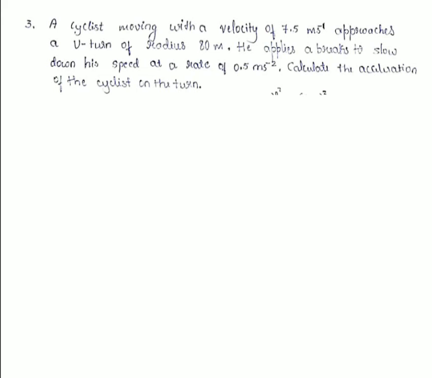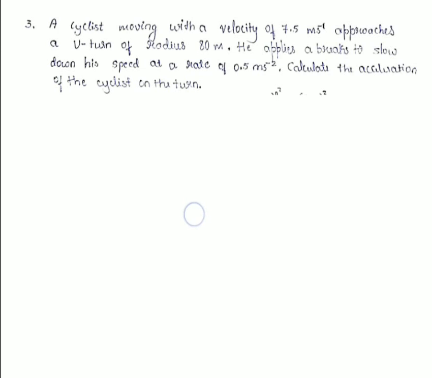A cyclist moving with a velocity of 7.5 meter per second approaches a U-turn of radius 80 meter. He applies a brake to slow down his speed at a rate of 0.5 meter per second square. Calculate the acceleration of the cyclist on the turn.